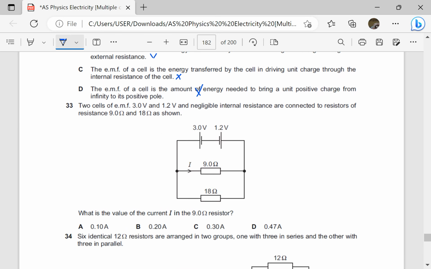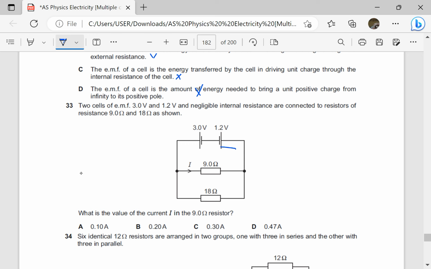Two cells of EMF 3 volts and 1.2 volts and negligible internal resistance are connected to the resistors of resistance 9 ohms and 18 ohms as shown here. What is the value of the current I in the 9.0 ohm resistor?